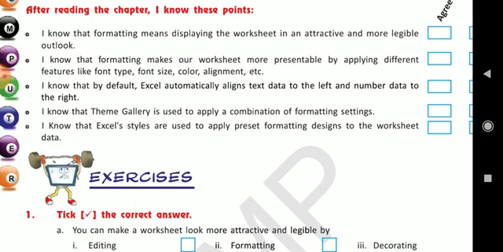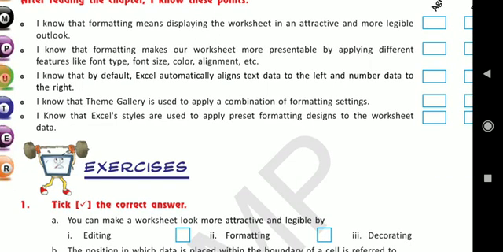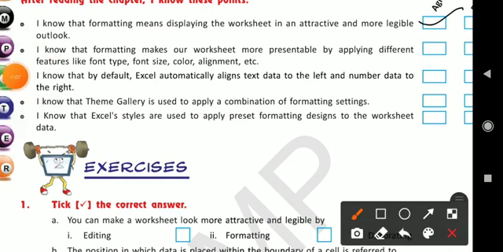I know that formatting makes our worksheet more presentable by applying different features like font type, font size, color, alignment, etc. And of course, we agree that formatting makes our worksheet more presentable. It looks more attractive when you are presenting it in front of someone, because you can change the alignment, the color, the type and size also.